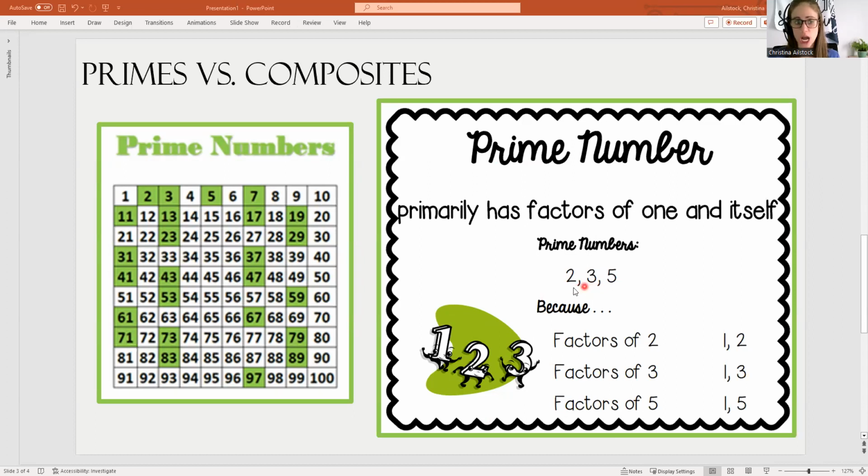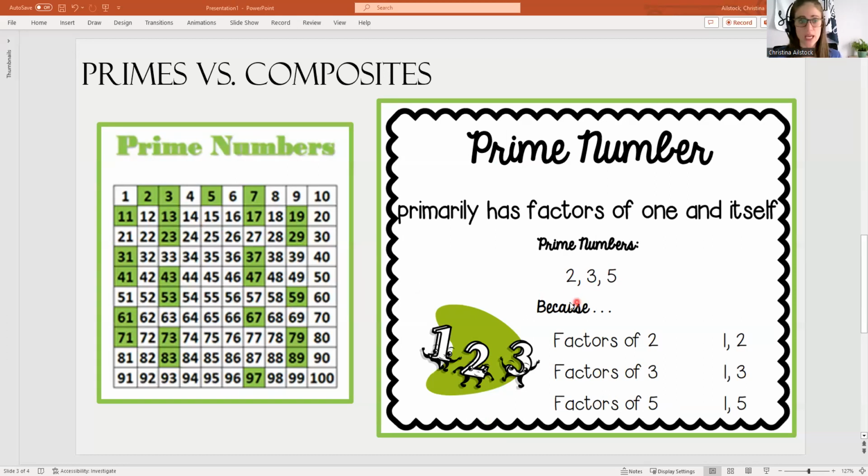If we look at some of the more common ones, 2 is a prime number because the only things that multiply together to equal 2 are 1 and 2. Same for 3, only factors are 1 and 3. Same for 5. So a prime is a number where the only factors are 1 and itself.